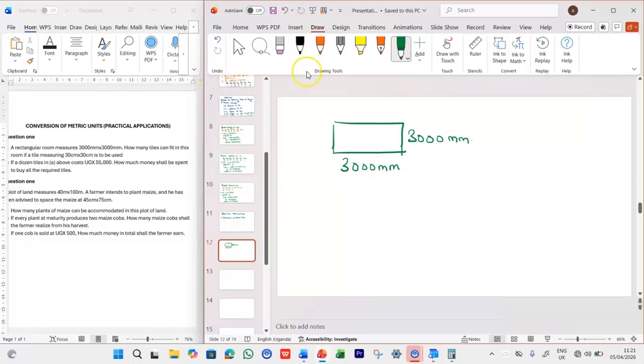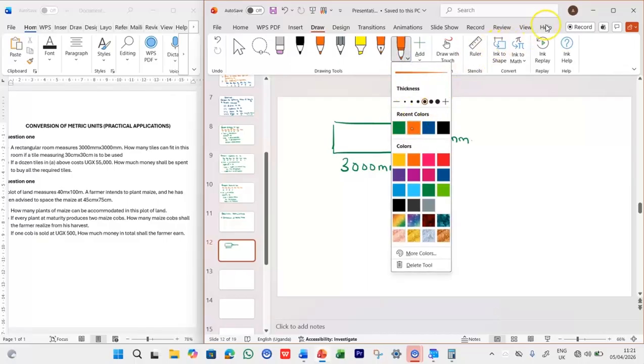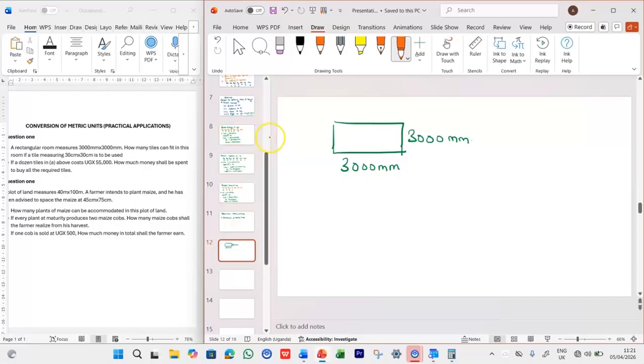Now they're asking how many tiles can fit in this room. Just imagine you put a tile here, a tile here, a tile here, a tile here. Just imagine we put tiles and we fill this room. This is what the question is saying.